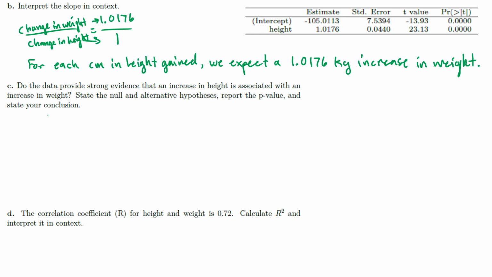All right, now it asks us, do the data provide strong evidence that an increase in height is associated with an increase in weight? State the null and alternative hypotheses, the p-value, and state your conclusion. So, let's start by assuming the slope is 0, and our alternative will be that there's a non-zero slope, right? So there is a relationship between height and weight. So here's the p-value.